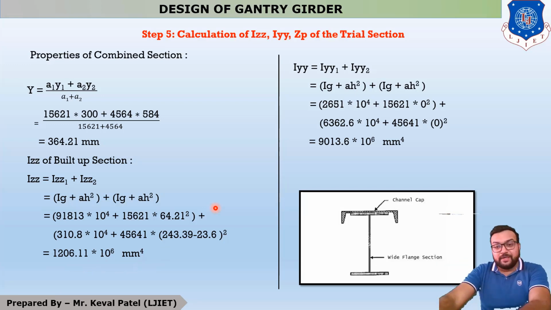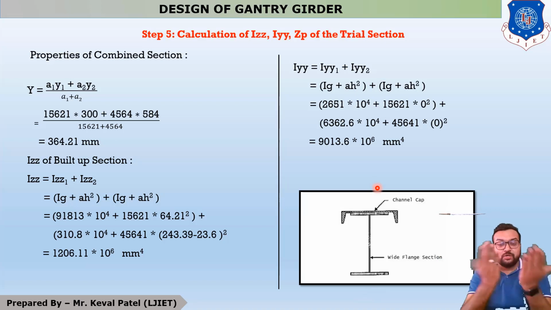Similar calculation for Iyy: it is Iyy1 plus Iyy2. All the equations and calculations remain the same. But the only change is that whenever you cut your section along the y-axis, you can see that this is a mirror image.